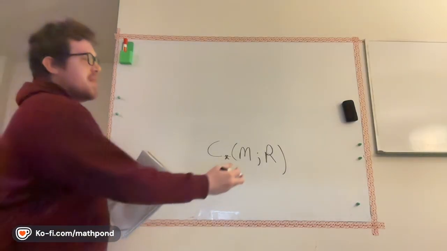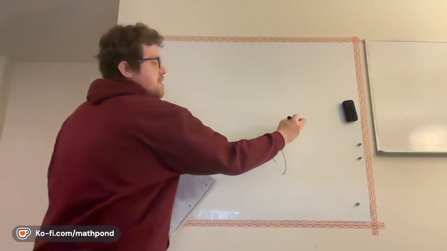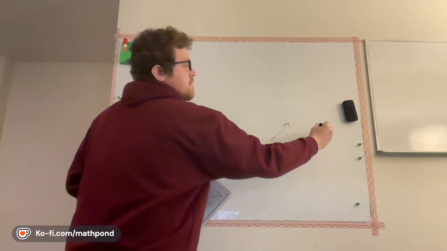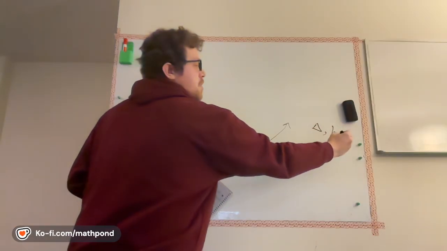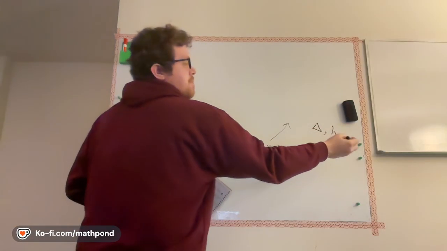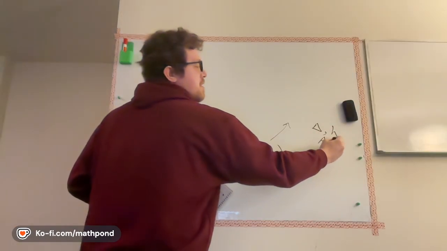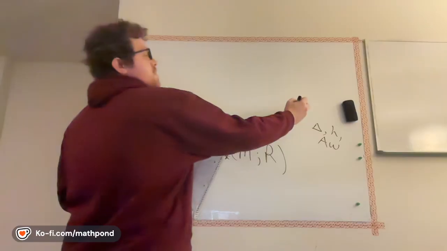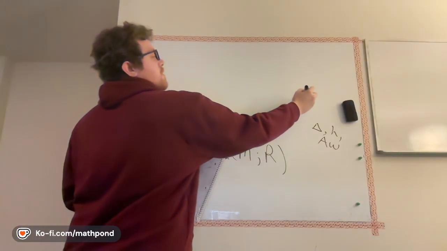So we're going to apply a bunch of compositions of delta maps, Xi homotopy, more delta maps, and then finally AW at the end. So it's going to be a bunch of composition of maps.